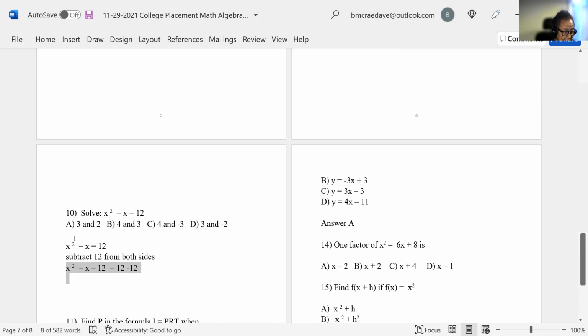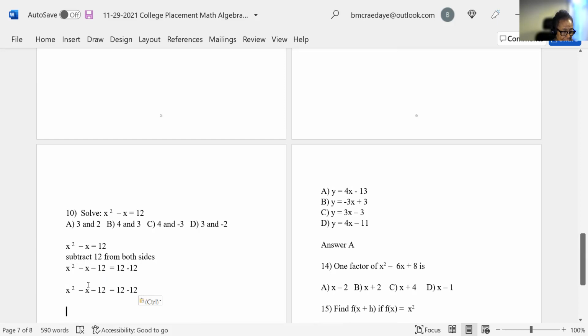So what we have then is x squared minus x minus 12 equals 0. Now it's really in the format of our quadratic. Now, we need to find the factors. So we have x, that expression, times x.